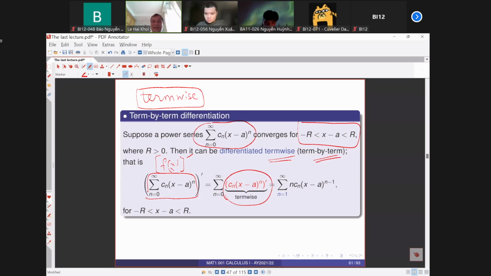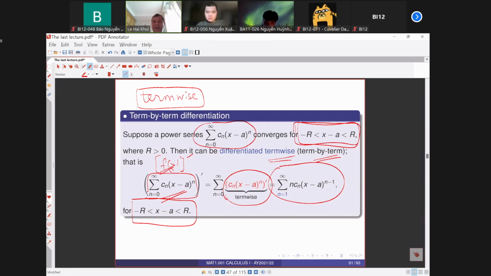Understand? So even if you don't know what the sum is, you don't know what f(x) is, it's okay. You can differentiate this series by taking the derivative of each term and summing up. And this new series also converges in the same interval as the given one.